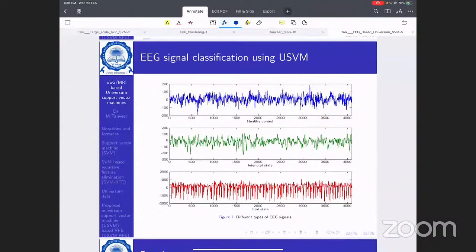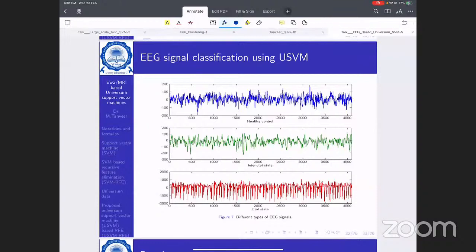Now this is EEG signal classification using a universum based SVM. So far we have been using EEG data which is available publicly. But now we already have procured an EEG wireless recording system and developed a lab here at IIT Indore, so we are able to record original data and do some work in this direction.